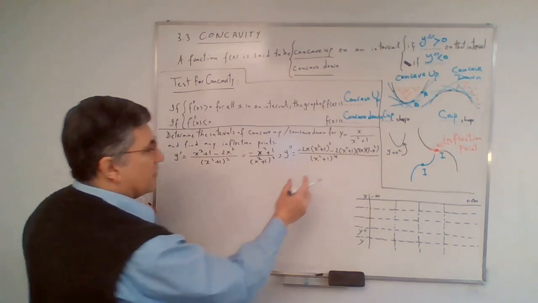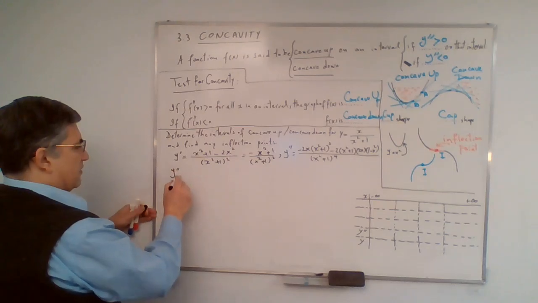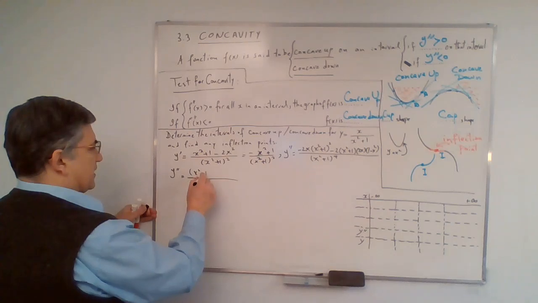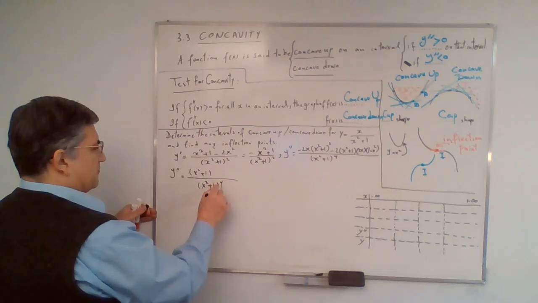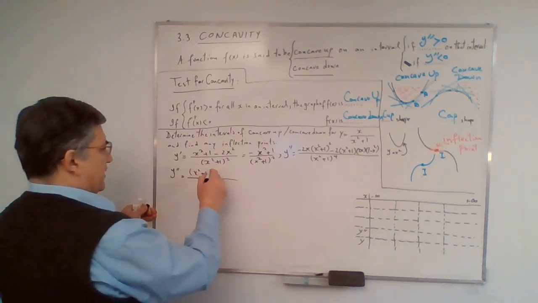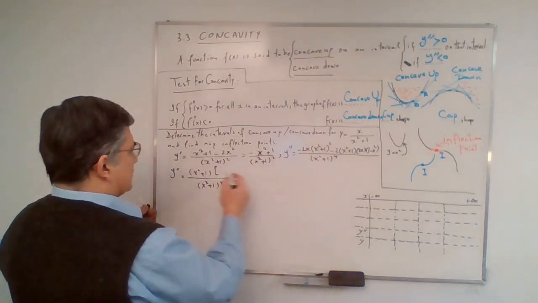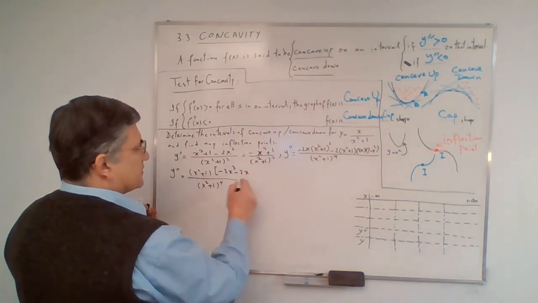Now, in the numerator, I see that x squared plus 1 is a common factor. If you don't mind, I'm going to factor it out in the numerator because I want to simplify as much as I can. So x squared plus 1 exponent of 4 in the bottom. But in the numerator, I'm going to factor it out. So I end up with negative 2x times x squared. That's negative 2x cubed. And then minus 2x.